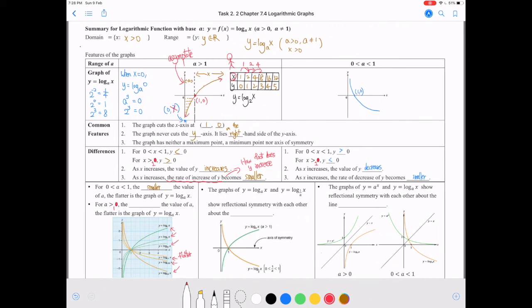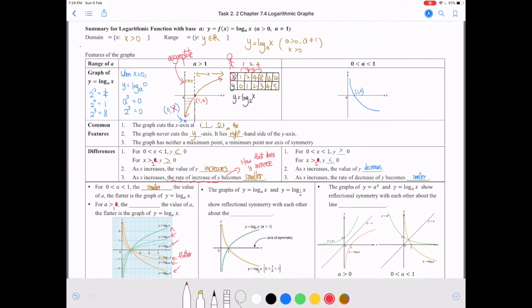So now we have 3 graphs. We have the base is 2, the base is 4, and the base is 10. Let's have a look. Which graph is the flattest? I think it should be y equals log base 10 of x, right?